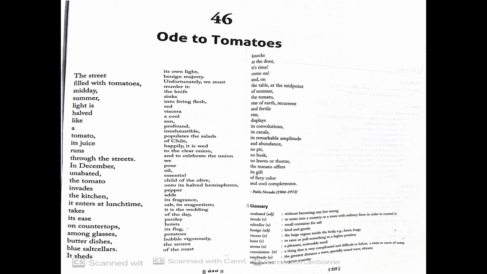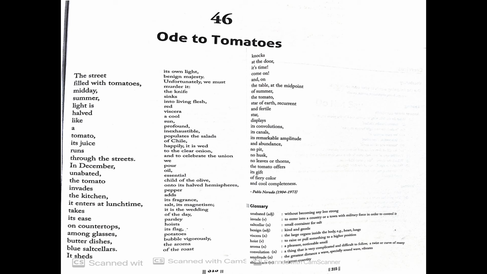Like this. Let's see some glossary. Unabated, without becoming any less strong. Invade, to enter into a country or a town. Salt cellar, small container of salt, container for salt. Benign, kind and gentle. Viscera, the large organs inside the body. Example horse.